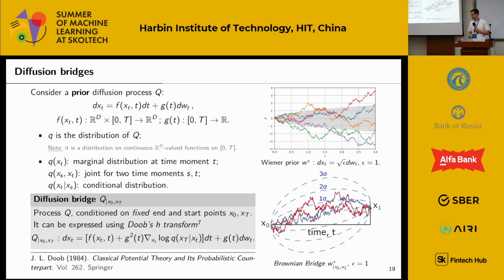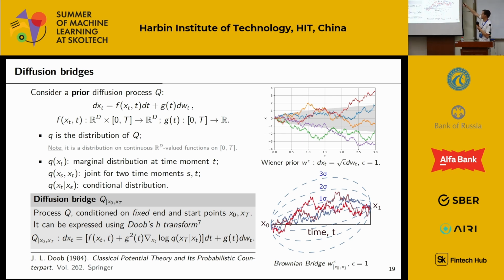First of all, suppose that we have some diffusion process, the same process as in a diffusion model, described by the following stochastic differential equation. Let's say that this process will be denoted by capital Q, because we'll need some additional notation, and by small q we will denote the distribution of this stochastic process. For example, q of x_t will denote the marginal distribution at time moment t, q with two variables will denote the joint distribution at two time moments, this conditional distribution, etc. What is a diffusion bridge?